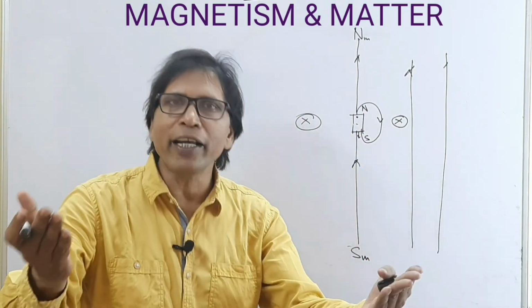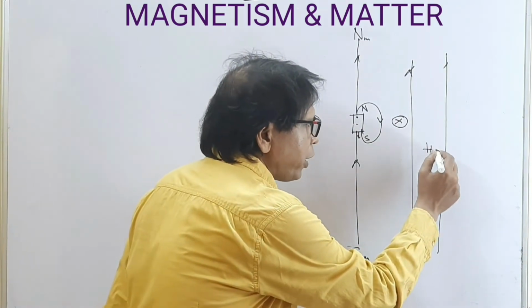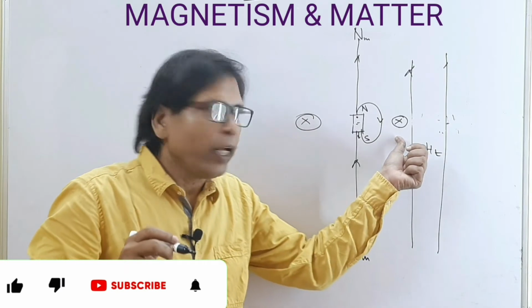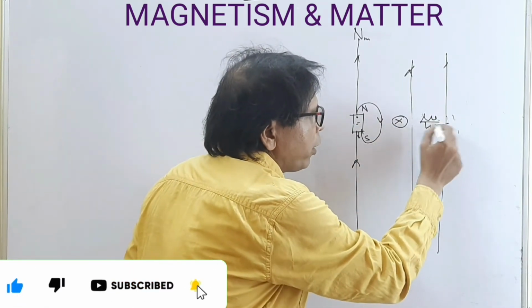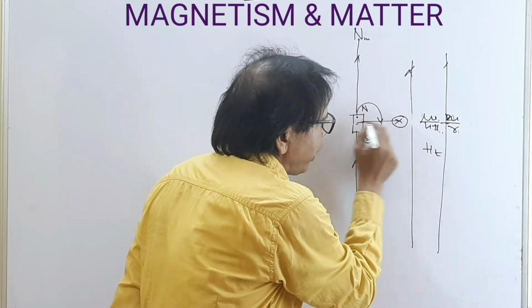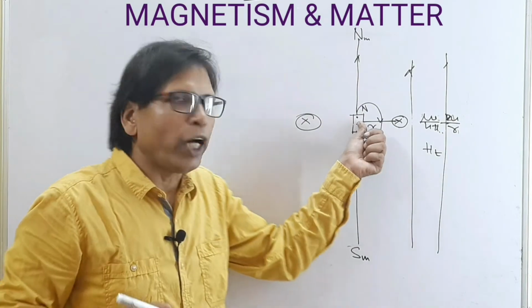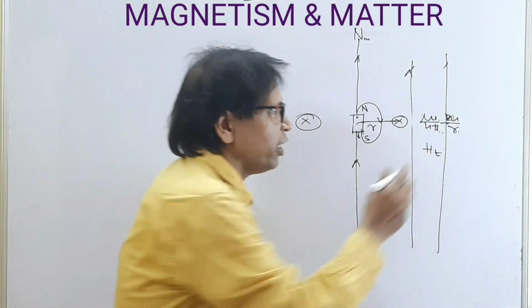Now if horizontal component of earth magnetic field be HE and magnetic field due to bar magnet is mu naught by 4 pi into m by r cube, where r is the distance of this point from the center of the magnet, then this equal to this.